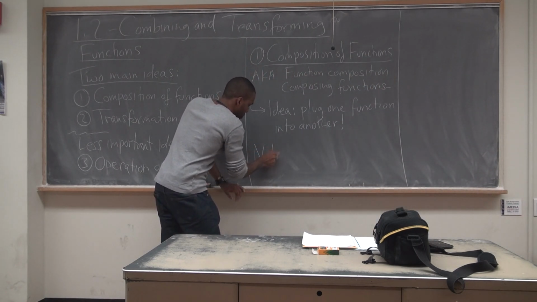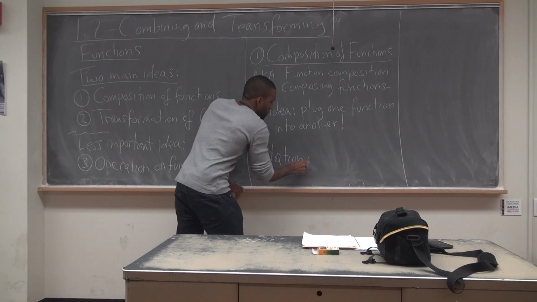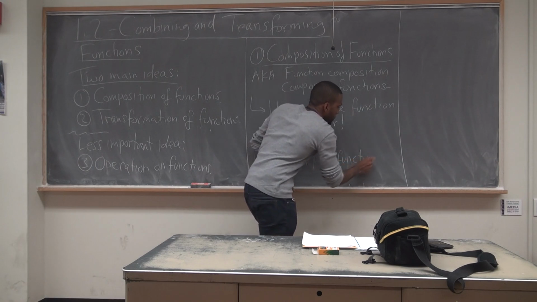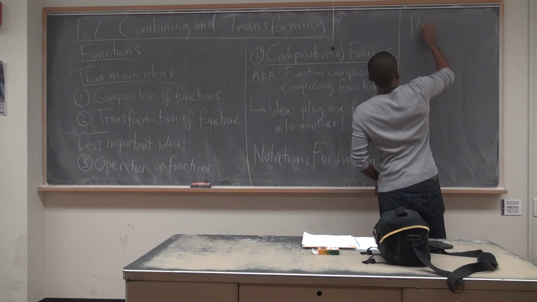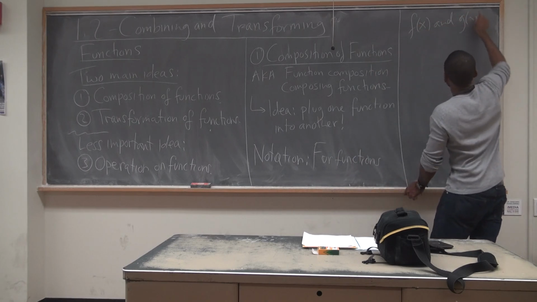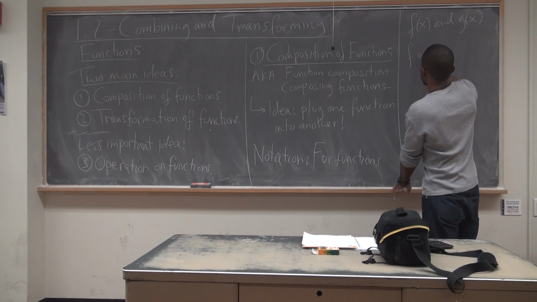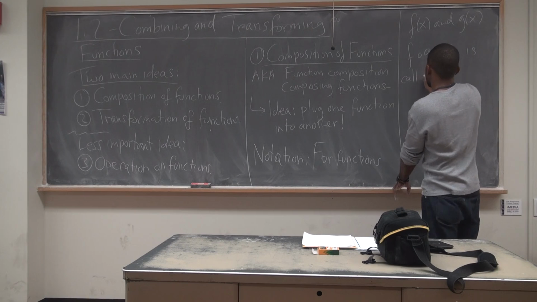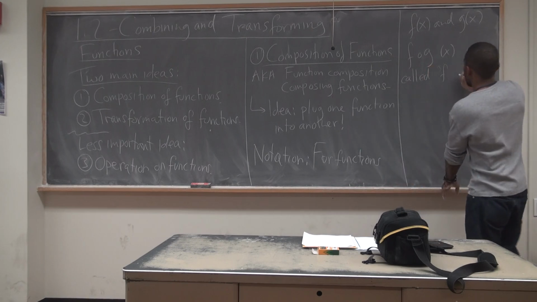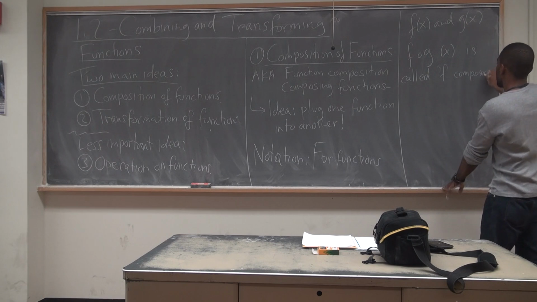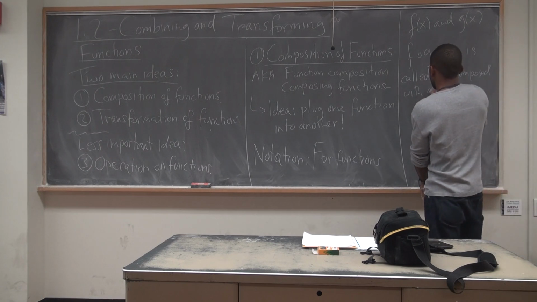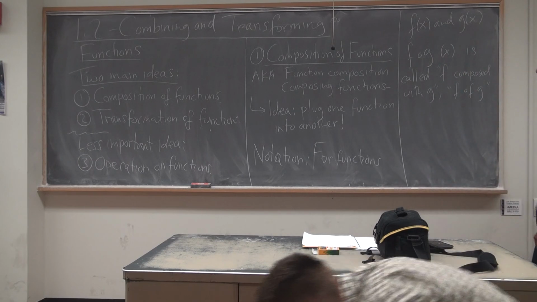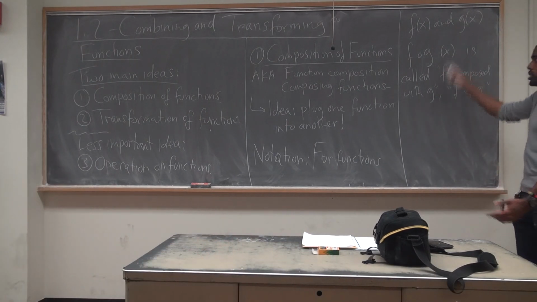Notation for functions f and g. f circle g of x is called f composed with g. f of g is another way you might call it, kind of like f of x when you say f of g.